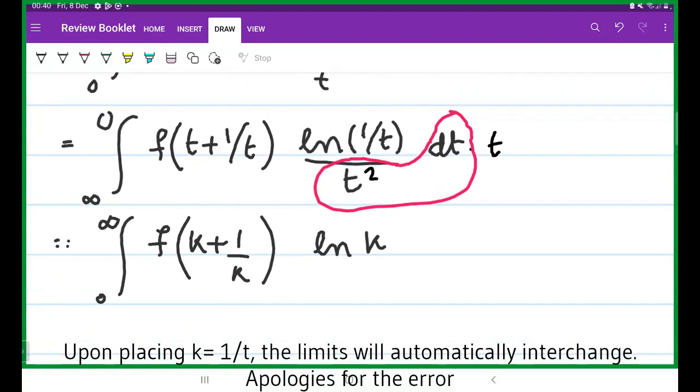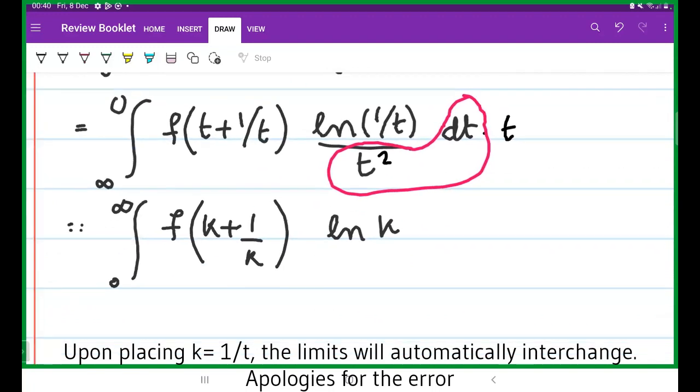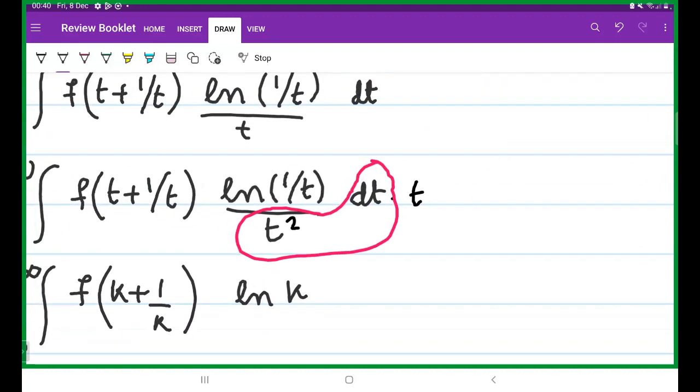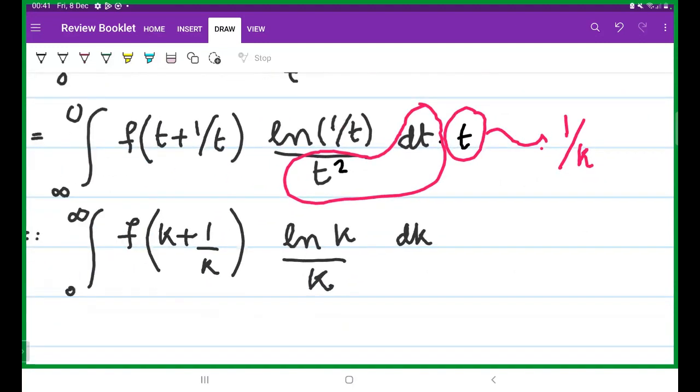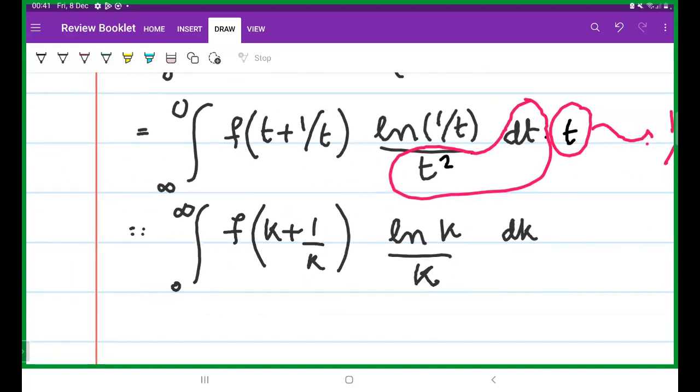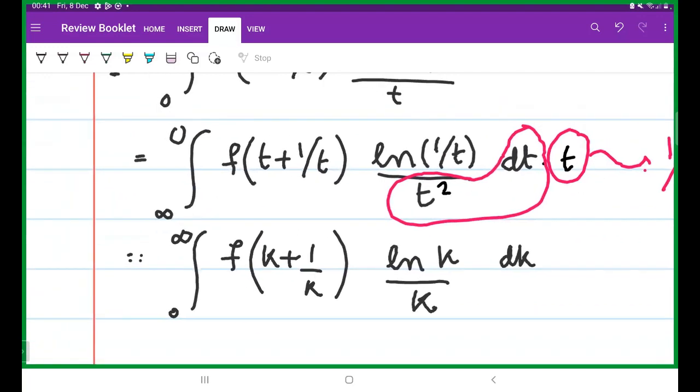This entire thing will become dk. And this t here will become 1 by k. So essentially what we have here is I. Did I make a mistake somewhere?